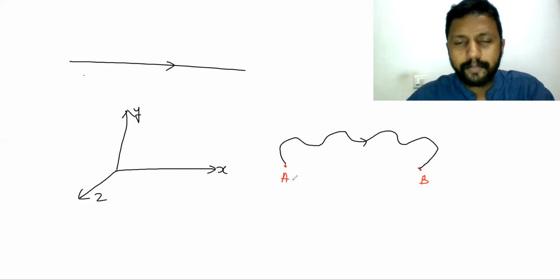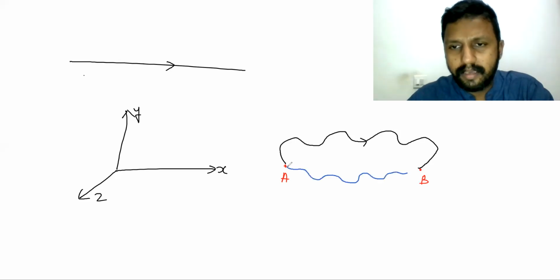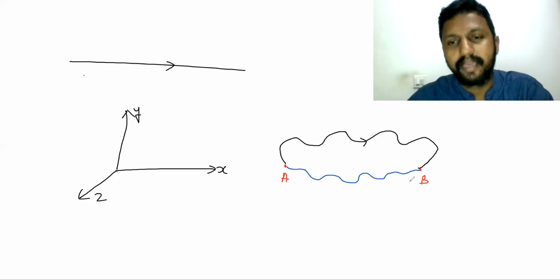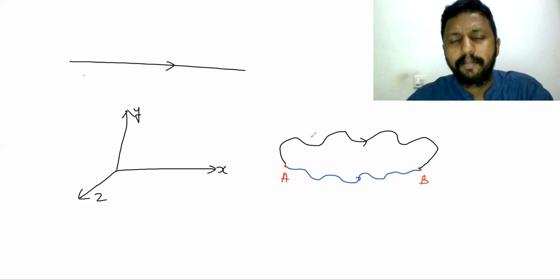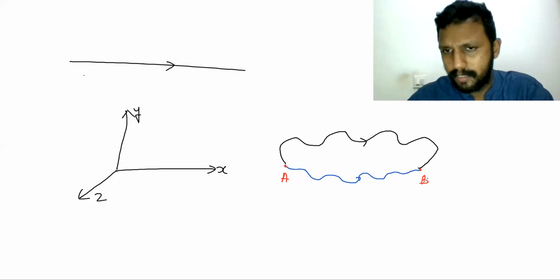Then if another person is traveling like this from A to B, the second person is traveling from A to B like this, are the two distances same? No, we could clearly see the black color path is more when compared to the blue color path.